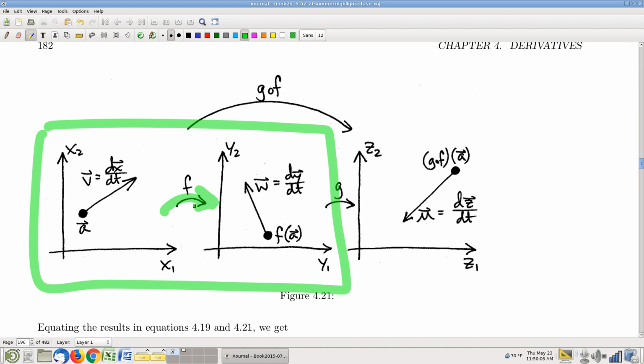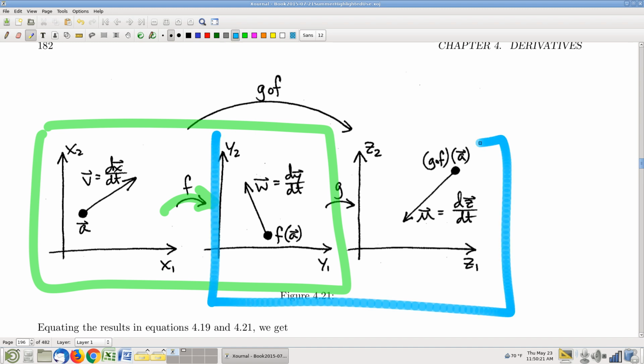X vector, you might say. And it gives out y's, y1 and y2. Then I might want to consider, what happens when I take those y outputs and put them into this function g. Takes in y's and spits out z's.